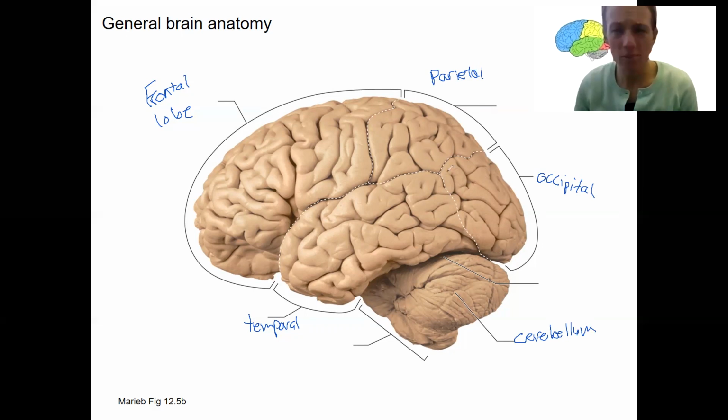Okay, what else do you notice about this brain? It's got a lot of stuff going on. It's got a lot of grooves and ridges. So these ridges here are called gyri. That's plural.